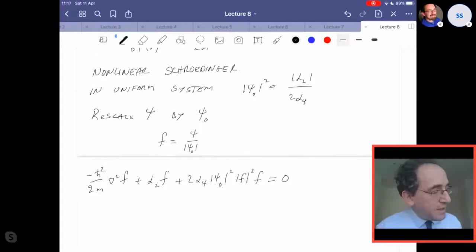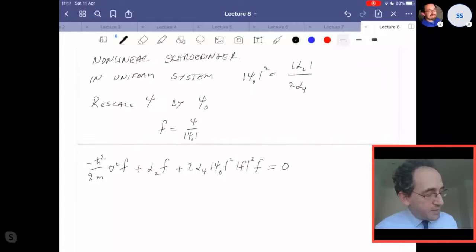Now plugging in the value of psi naught squared, this combination ends up being another factor of alpha 2, which we can then factor out. So the end result becomes xi squared del squared f plus f minus absolute f squared f equals 0.